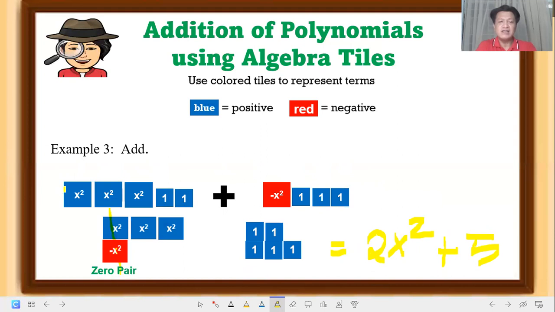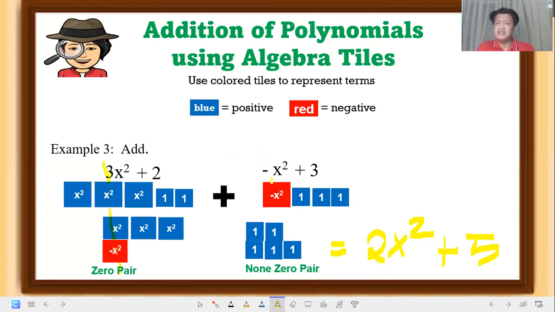Kapag sinulat natin yan sa number, yung algebra tiles natin, we have this. O non-zero pair kasi siya. O dito, we have 3x squared kasi tatlo yung blue x squared natin. Plus 2. Okay, kasi constant na dalawang blue. Sa kabila naman, we have 1 lang kasi yung x squared na negative dyan, di ba red? Kaya negative x squared. And tatlo yung blue natin, that is plus 3. If we are going to add, 3 plus 1.